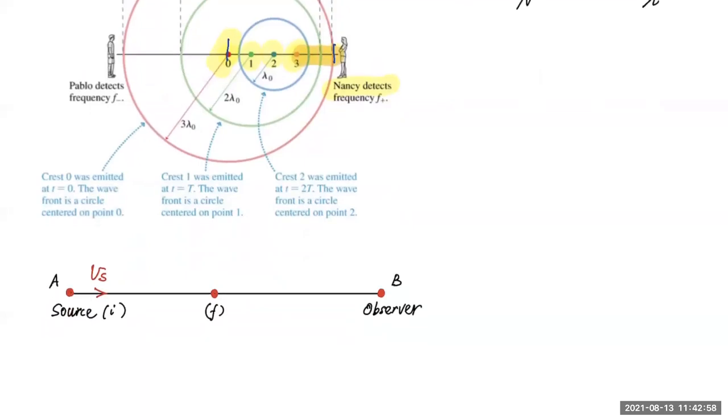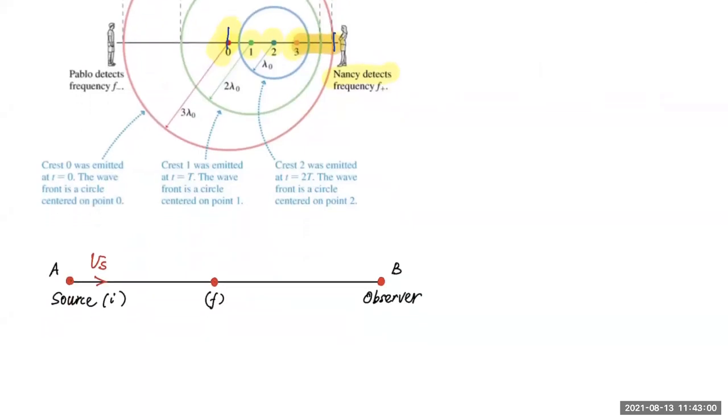Well, we can look at this diagram below, and we can see here. Initially, the source is at point A, and the observer is at point B. Let's say the source emits a whole bunch of waves, and a time t later, the first wave emitted by the source will reach from A to B. How long is that time?